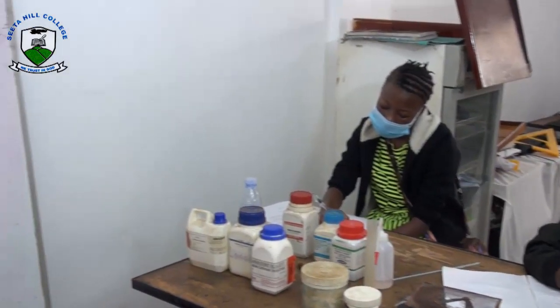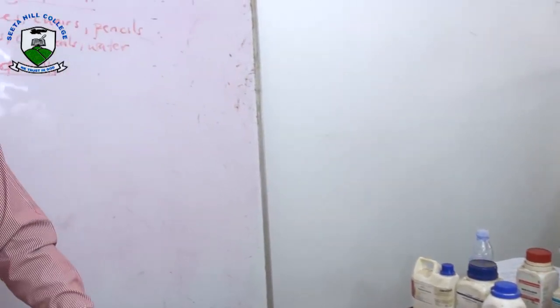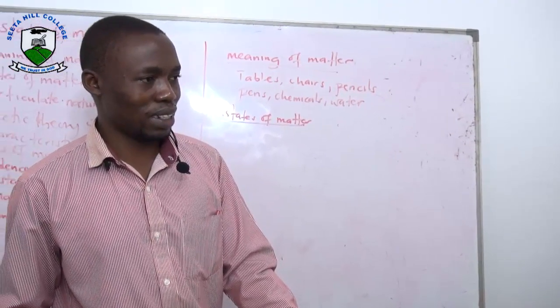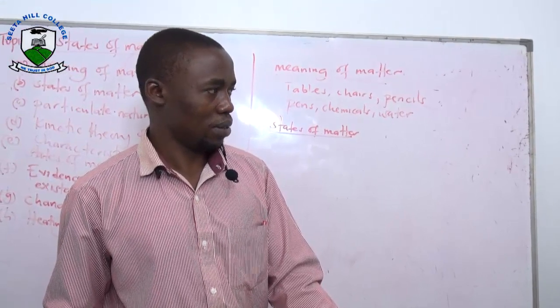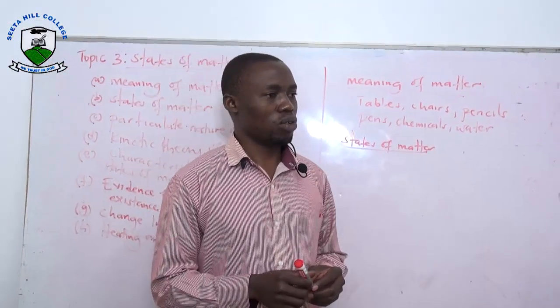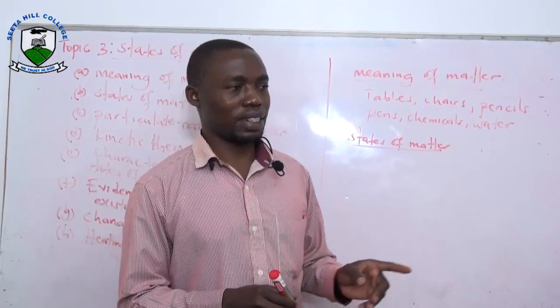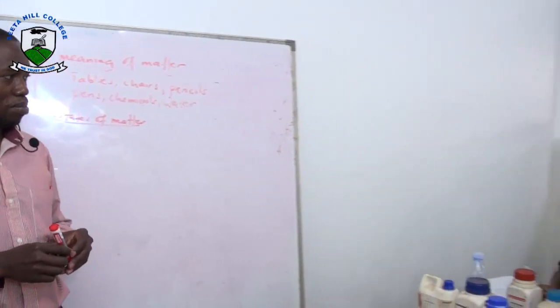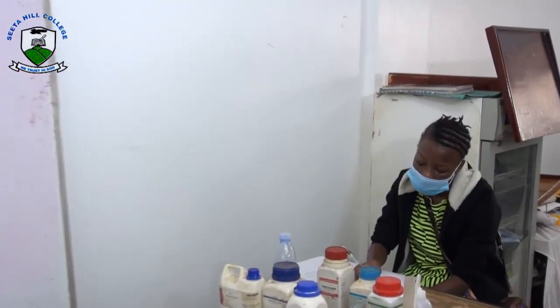Now in brief, how many states does matter have, or how many states do materials exist in? So, how many forms do materials or matter exist in? Let us have patience. Yes? Matter exists in 3. Mention them, namely? Solid.